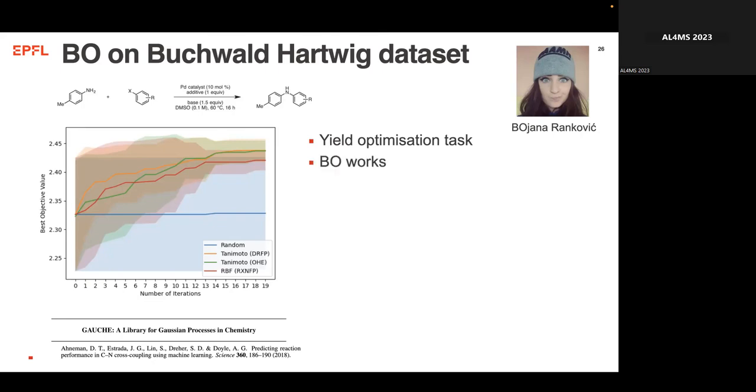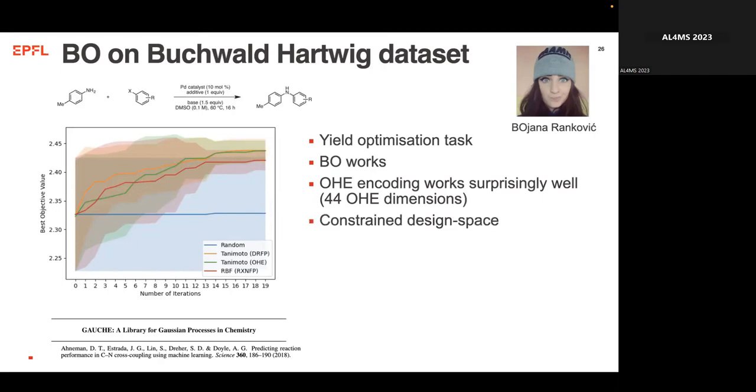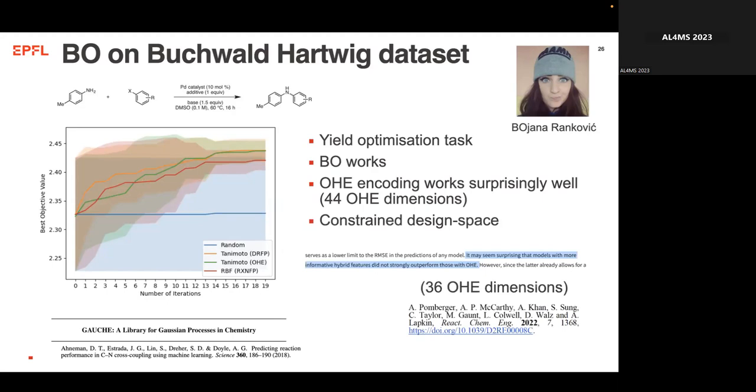And it seems that BO works, but as also observed by other groups, in this case, one-hot encoding, like this uninformed representation of the different components in the reaction, works surprisingly well if you look at this green curve here. And this is certainly because of a constrained design space.